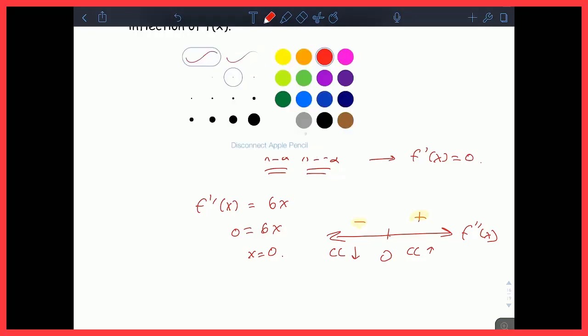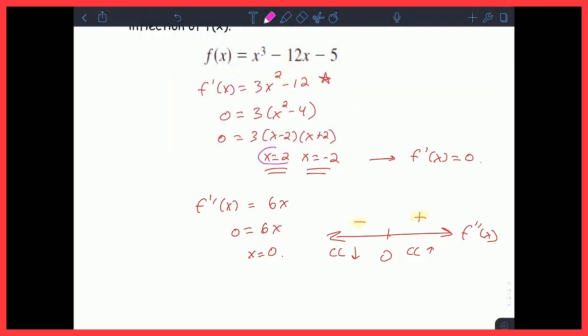Let's first consider x equals positive 2. X equals positive 2 is right here, right? Positive 2 is like right here. So at x equals positive 2, f prime of x equals 0, and f double prime of x is greater than 0. It's positive, right? Which means I have that concave up shape.